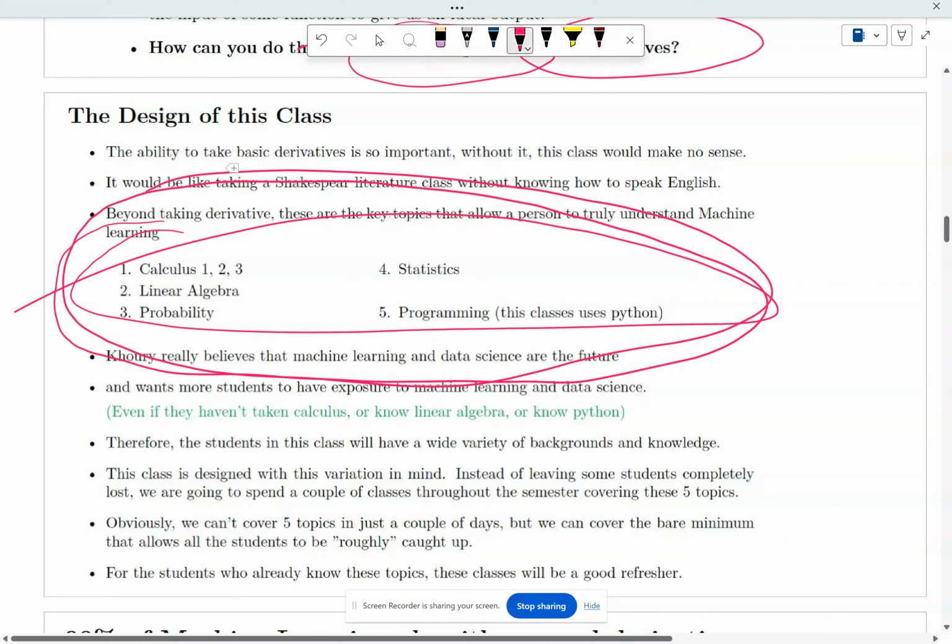After we cover these topics, obviously we're not going to learn everything, but you're going to learn just enough, the bare minimum, to allow you to quickly catch up, and then gain a deeper understanding of how these machine learning techniques work.